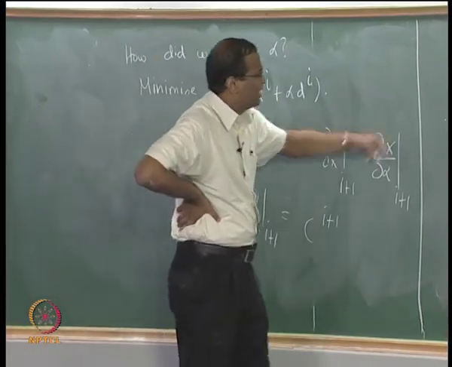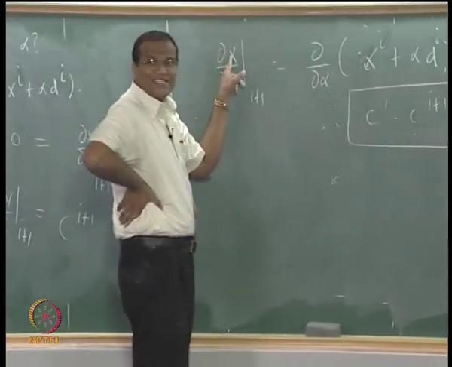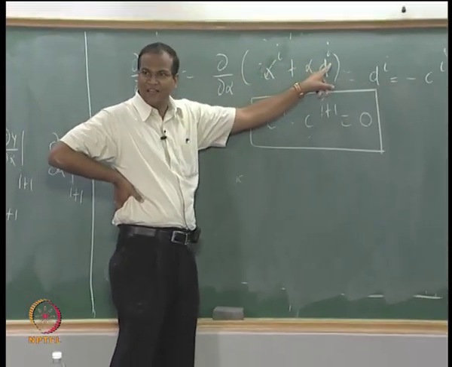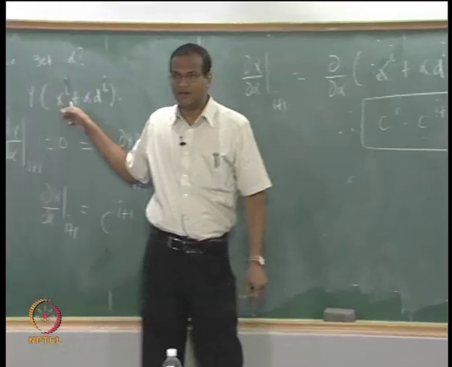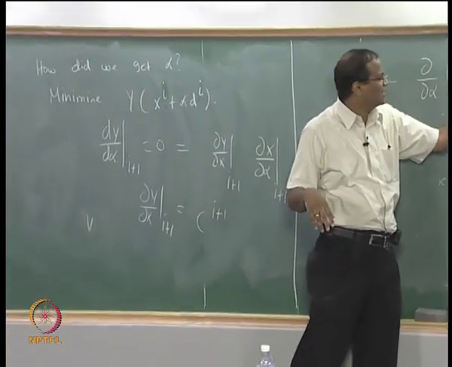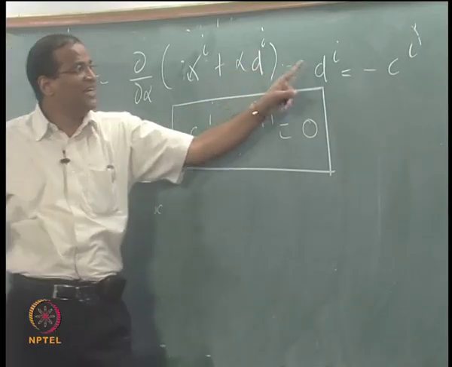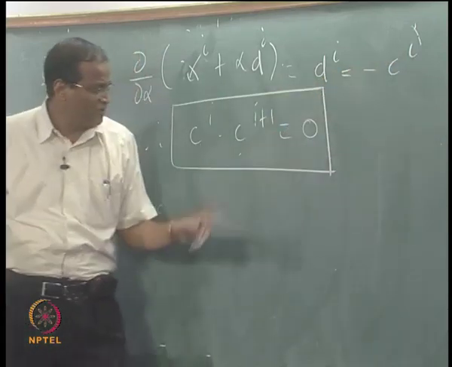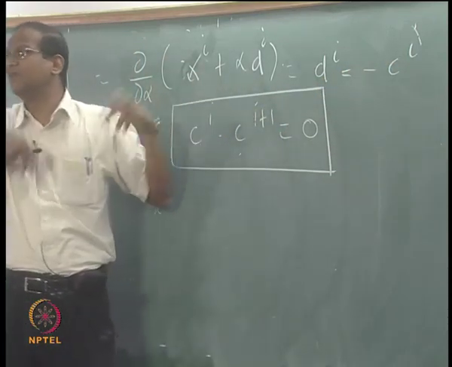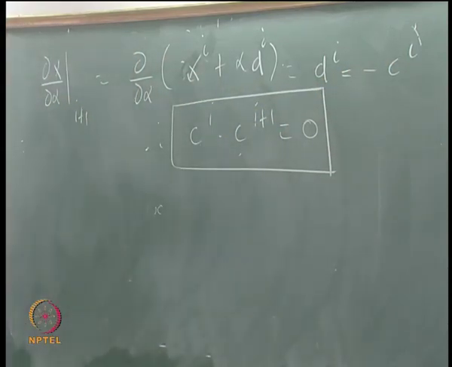But if I take dx by d alpha, I can write the xi plus 1 as xi plus alpha di, because that is the way we have written it here. If I take the derivative, everything vanishes except this d. So this d is nothing but minus c. Therefore ci into ci plus 1 is what we started out with. So that's why I said you go like this, okay. So this is the proof of the steepest ascent method.